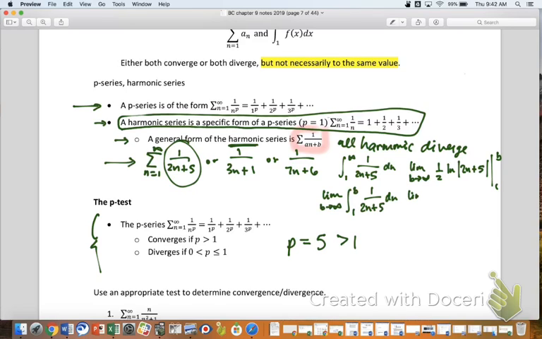Then you have limit as b goes towards infinity of 1/2 natural log of 2b plus 5 minus 1/2 natural log of 7. So what happens when I do this limit as b goes towards infinity? Wouldn't 2b plus 5, which is the only thing the limit really applies to, get really huge?